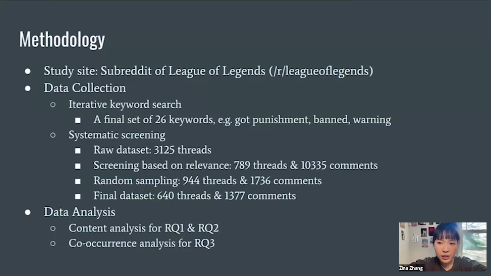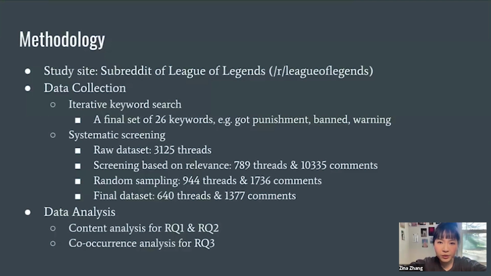We collected 3,125 threads as our raw data. After the screening process, we have 789 threads and their related comments. Then, after a random sampling process, we have 944 initiated posts and 1,736 comments.